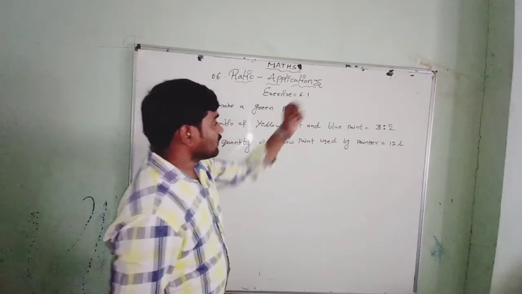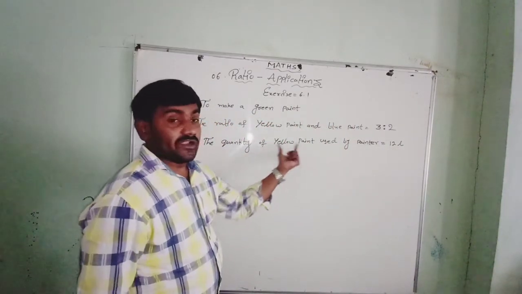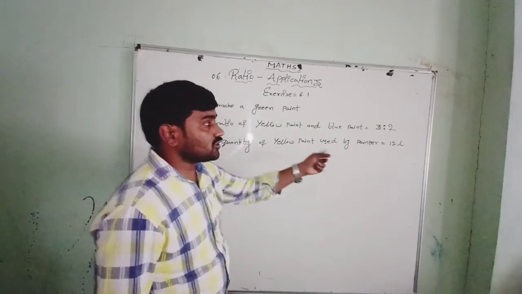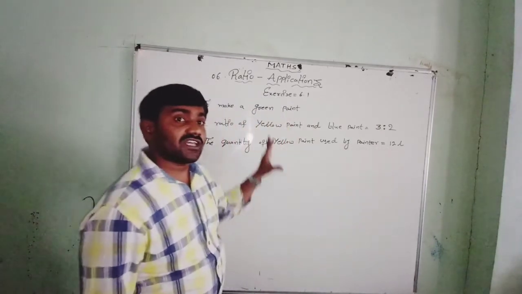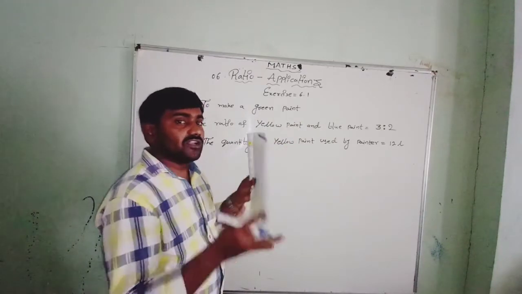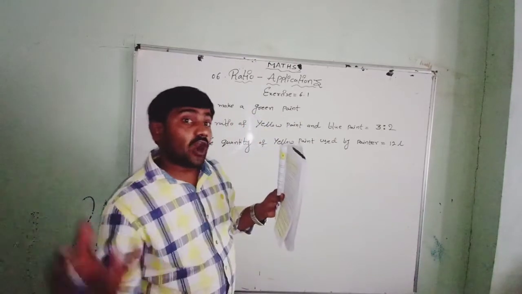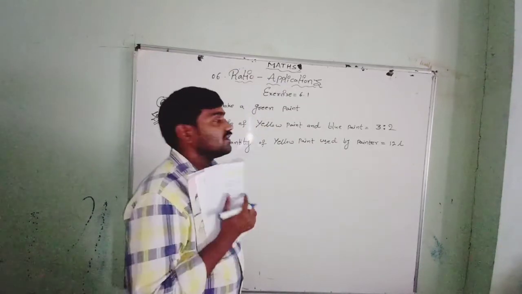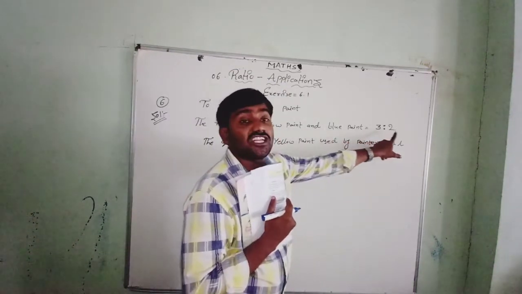That means how much yellow paint he used? 12 liters. 12 liters of yellow paint he used to make a green paint. Actually only 12 liters of yellow paint he used. Then how much blue paint should be used? So both are used in the 3:2 ratio.